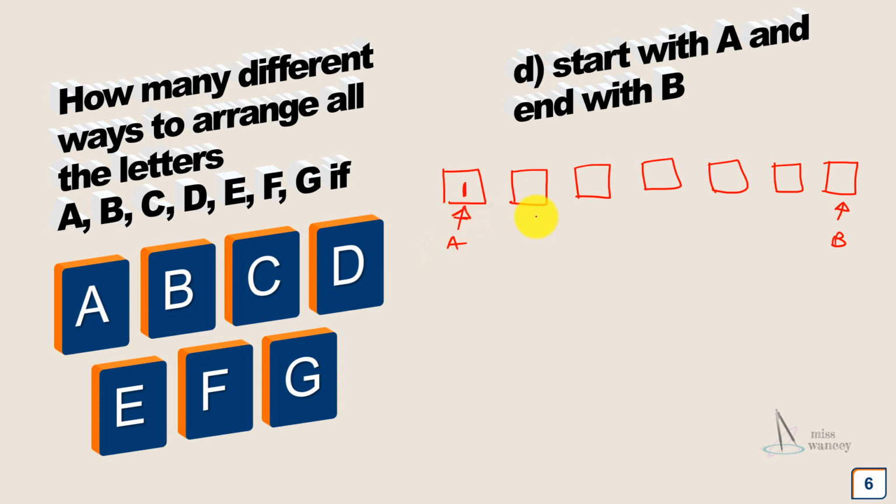Definitely need to start with A, and then definitely need to end with B. However, inside here I have 5 different places and another 5 letters. So I can use 5 factorial for it. So it will be 1 multiplied with 5 factorial multiplied with 1. Okay, so this is equal to 120 ways.